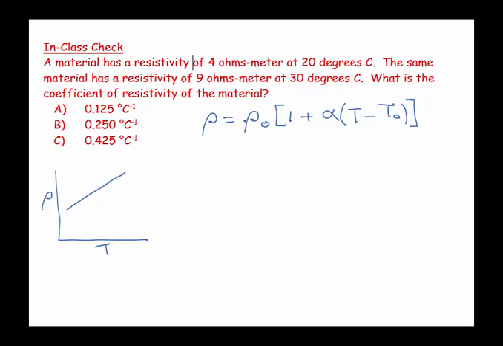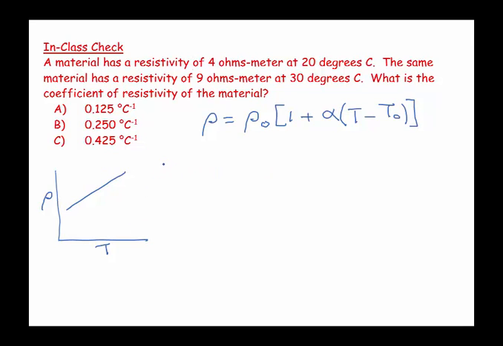Where in this nomenclature, the rho and the T are to do with the new state of the material, and the rho naught and the T naught are to do with the old state or the standard state of the material.